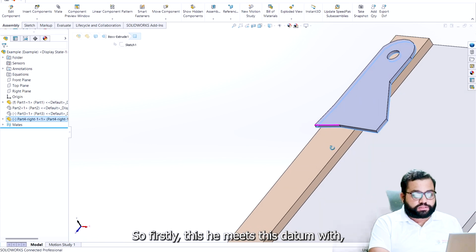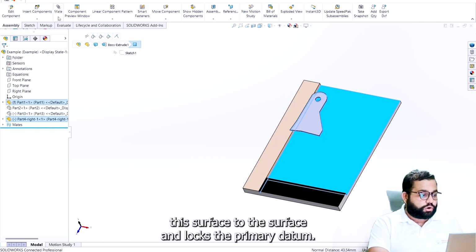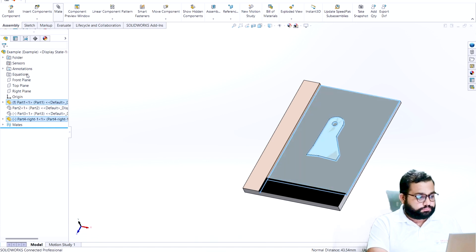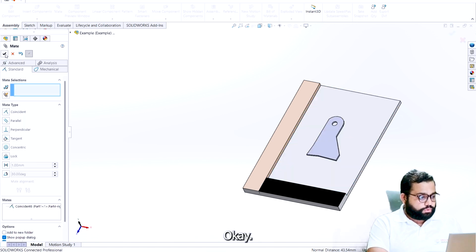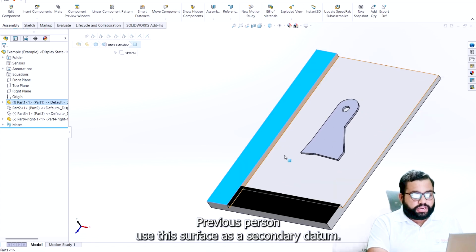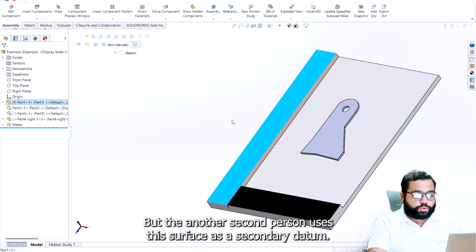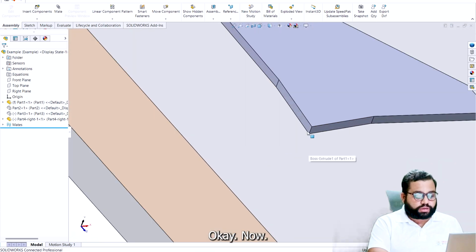Firstly, he makes this datum with this surface to this surface and locks the primary datum, and this surface he uses as a secondary datum. The previous person used this surface as a secondary datum, but the second person uses this surface as the secondary datum.